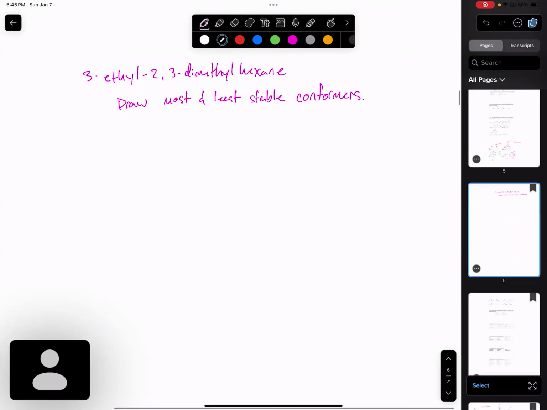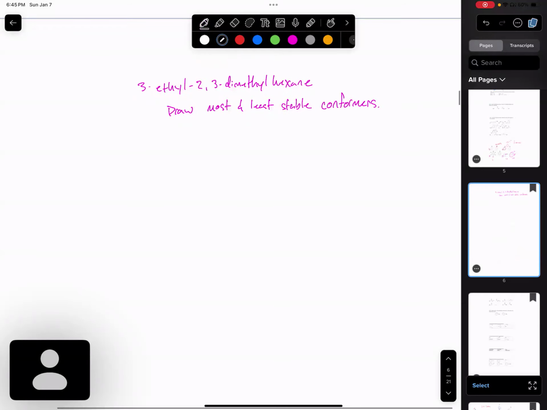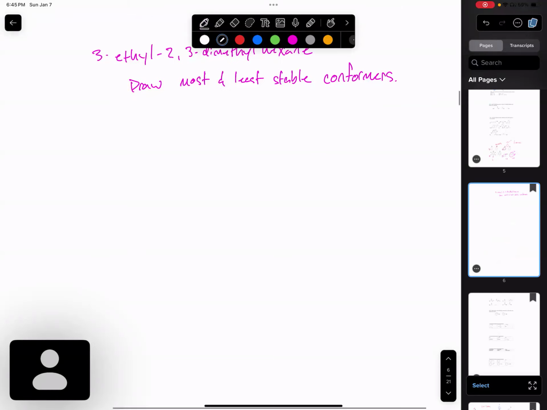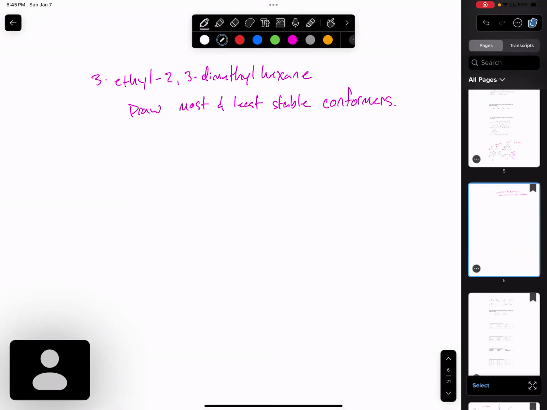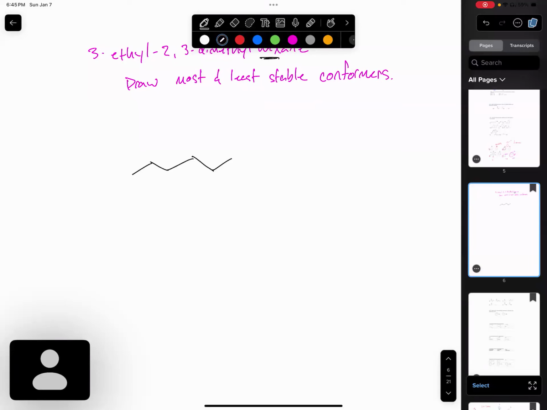Okay, so how do we go about this question? First off, you have to draw the bond line structure. So let's draw the bond line structure. We know it's a hexane, so that's 6. 1, 2, 3, 4, 5, 6. So that's our longest carbon chain.